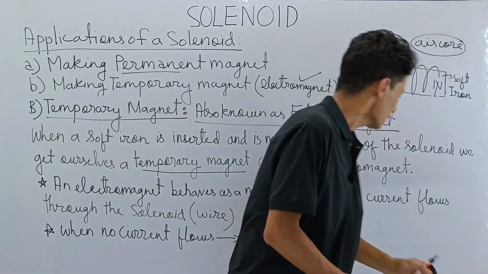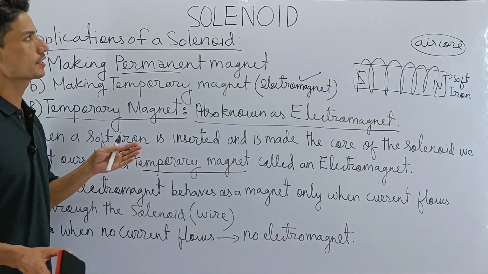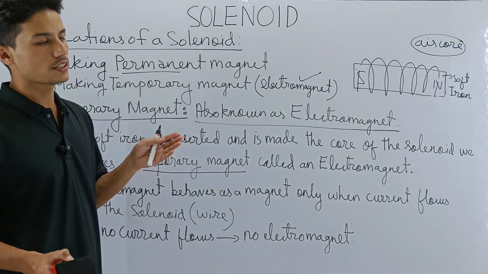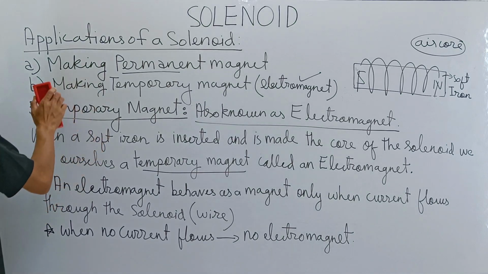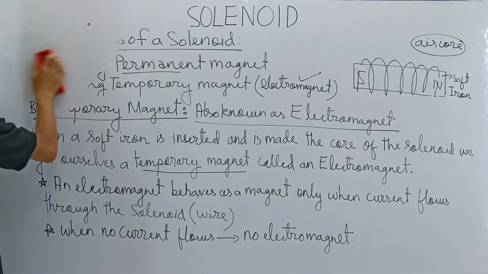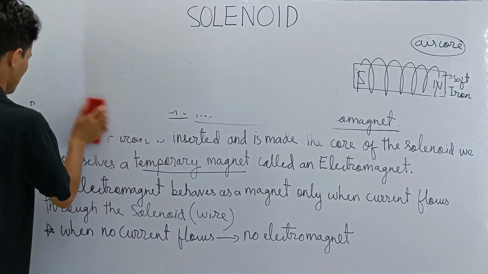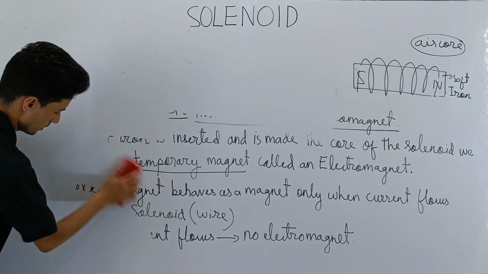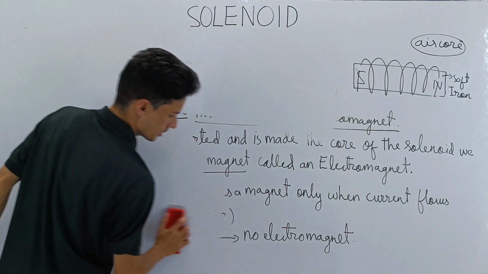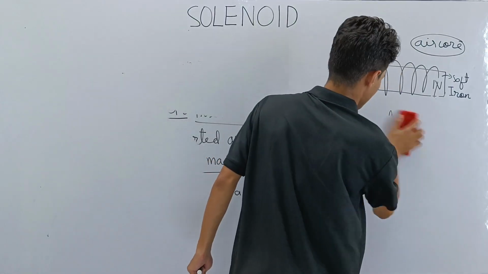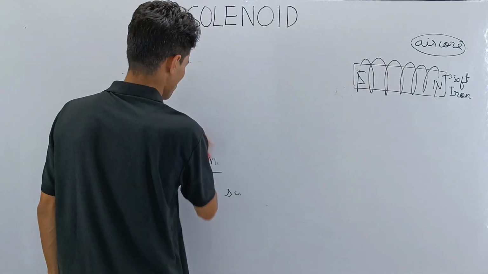Let's discuss now the factors affecting the strength of the electromagnet. Let me erase this now, everything, and we'll discuss the factors which affect the strength of the electromagnet. That will be the next topic.